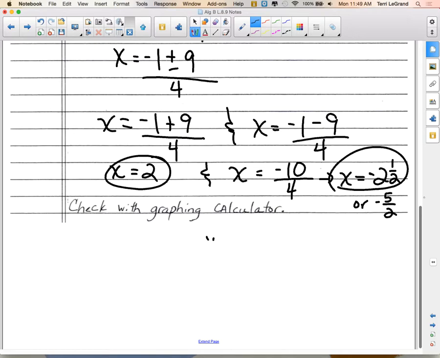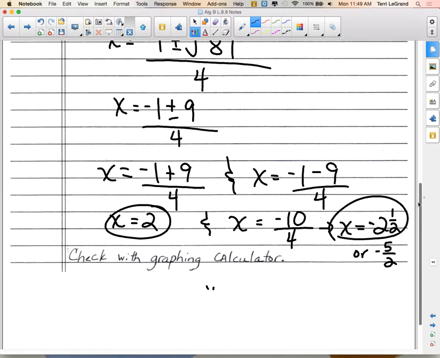It should already be ready to give you a good graph. If we don't want to make our table go by halves on the x's, we might want to use the second trace so we can calculate an x value. We could put x equals 2 in and see if we get y equals 0.